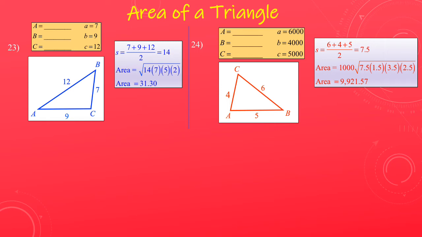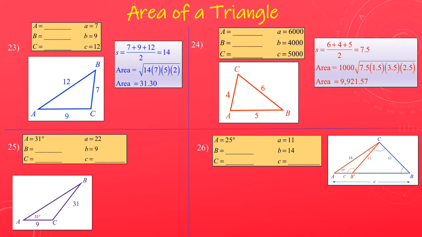So the area of that triangle would be the square root of 7.5 times (7.5 minus 6, which is 1.5) times (7.5 minus 4, which is 3.5) times (7.5 minus 5, which is 2.5). But we must multiply that answer by 1,000 because we divided by 1,000 in creating our triangle, and we get our area is equal to 9,921.57.